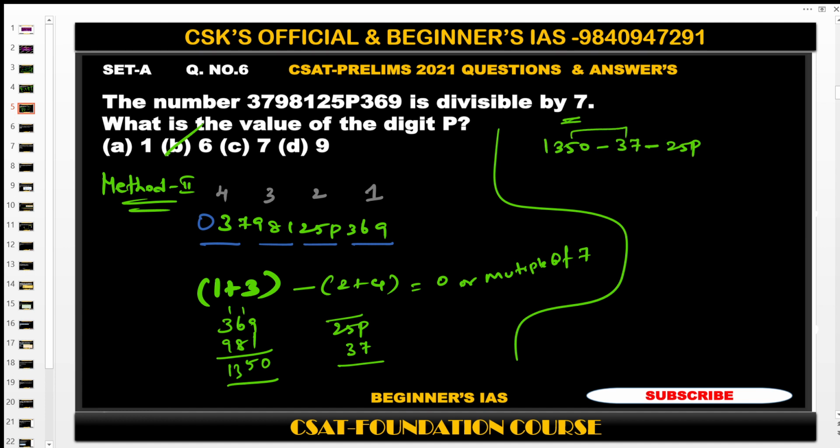Subtract these two, and you will get 1313 minus 25. When this is divisible by 7, just check the remainder of this one. The remainder of this one is nothing but here 1 time.